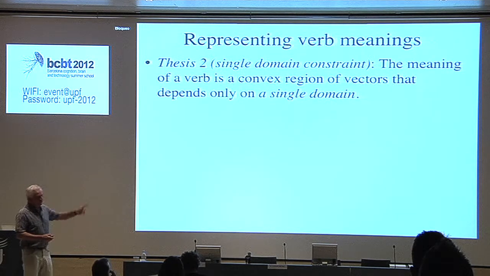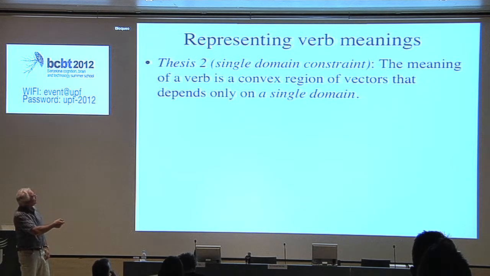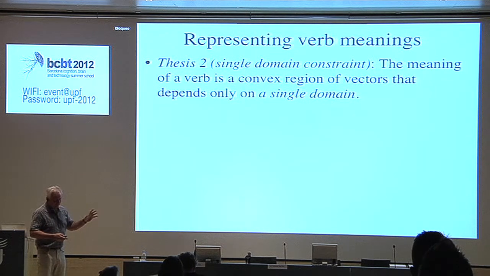So, this is my strong assumption about verbs. This I think is new. A verb is a convex region of vectors that depend only on a single domain. Now this is very abstract, and I'll try to explain it. The vectors are either result vectors or force vectors, and the single domain is, let me see here now.